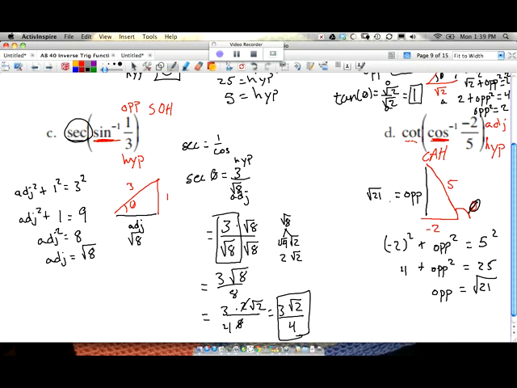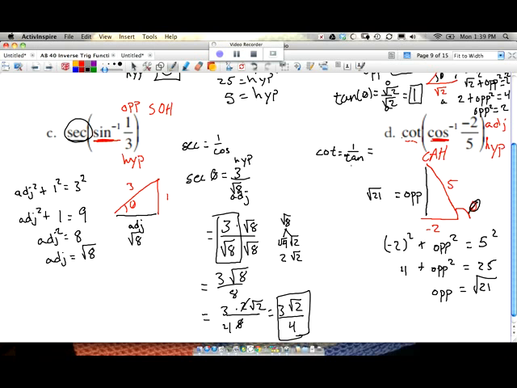And don't forget this negative 2 goes with the adjacent. And that's going to be helpful because cotangent is equal to 1 over tangent, which is really talking about the tangent ratio reciprocated, flipped for the reciprocal. So tangent would normally be opposite over adjacent.